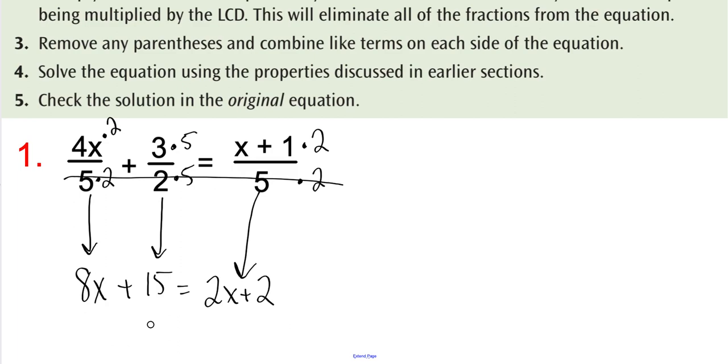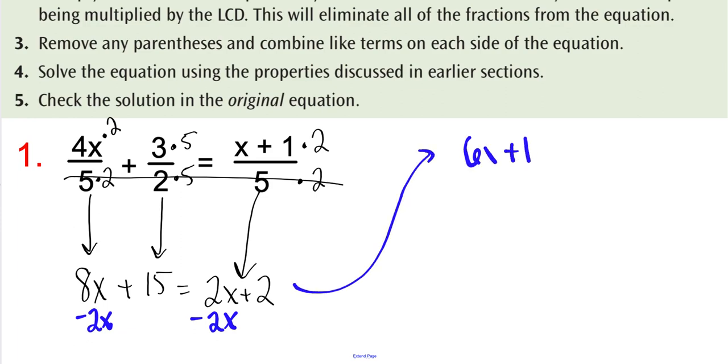But now we just need to finish solving here. So let's get the x's on one side. Okay, so let me write my work over here. So we have a 6x plus 15. And then we have a 2 on the right. So let's get the constants, the regular numbers, on the other side. So 2 minus 15 is negative 13.